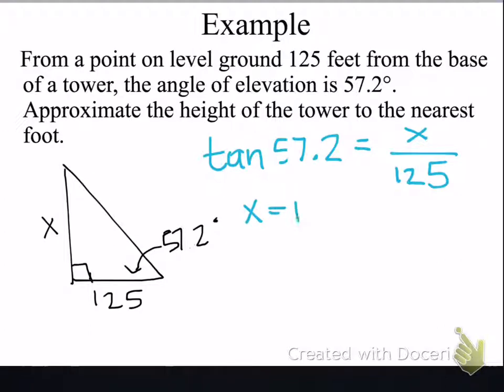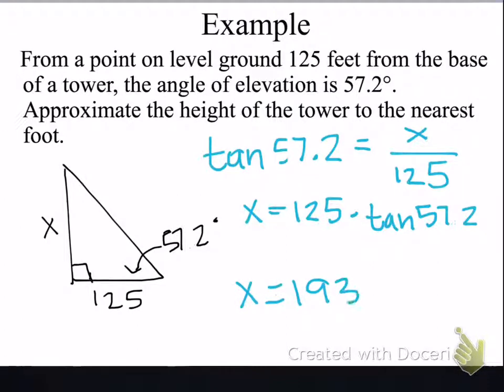So the way we would type it in our calculator is 125 times tangent of 57.2. And when we type that in, the answer that we get for x would be 193.9. Since the directions say round to nearest foot, we would say 194 feet for our final answer.